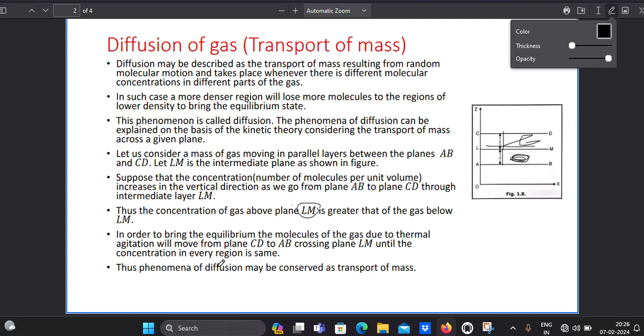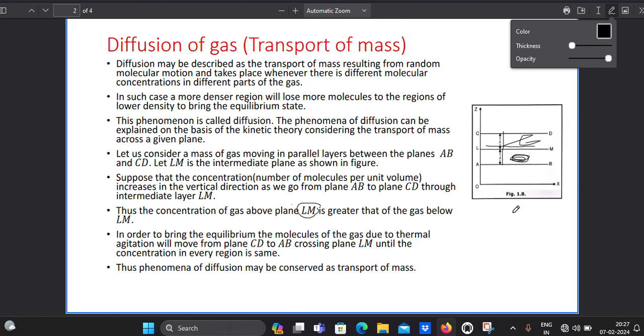That is equilibrium. In order to bring about equilibrium, the molecules of the gas, due to thermal agitation, will move from plane CD to AB, crossing the plane LM, until the concentration in every region is the same.